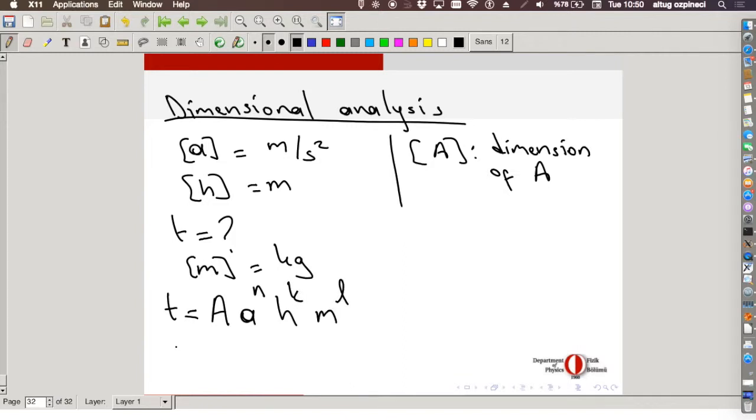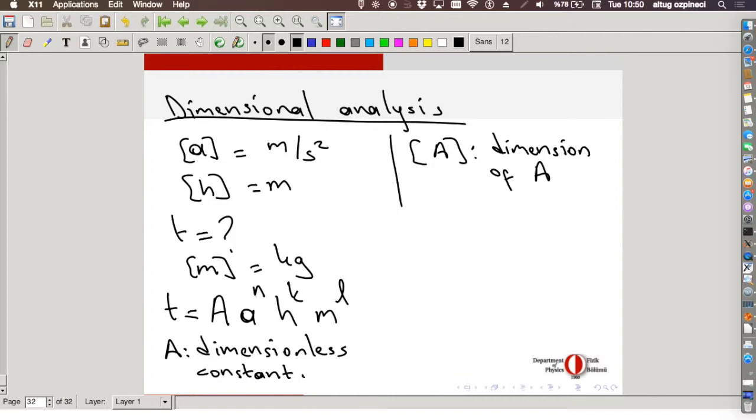And the constant is just a dimensionless constant. I just wrote a general dependence. The initial velocity is 0, so there is no v0 in our problem. Now the question is, what are the possible values of n, k, and l? There are certain exponents. What are the possible values?